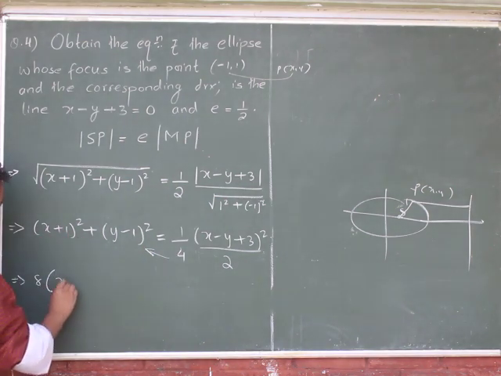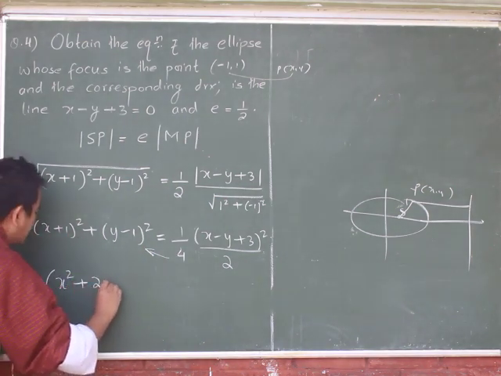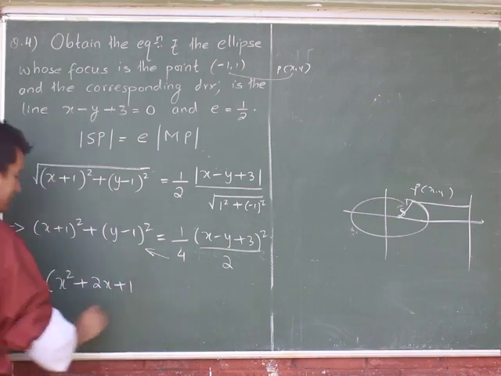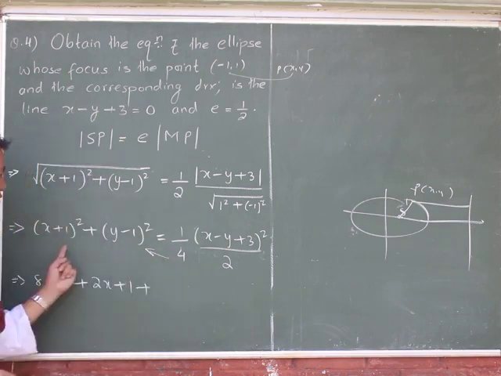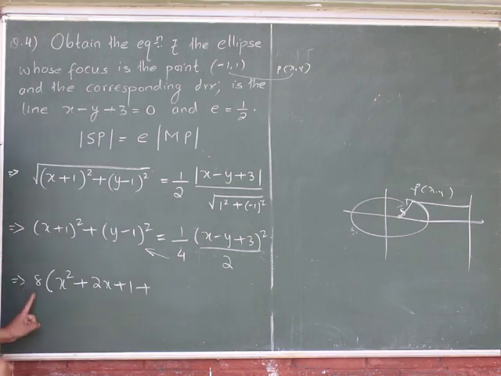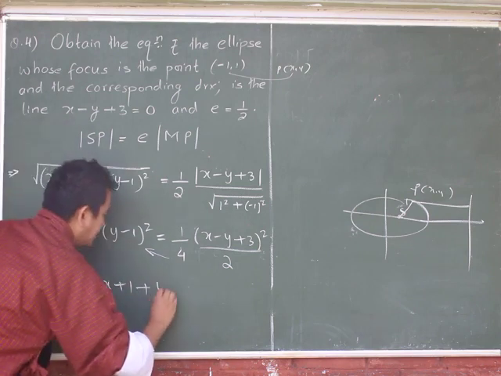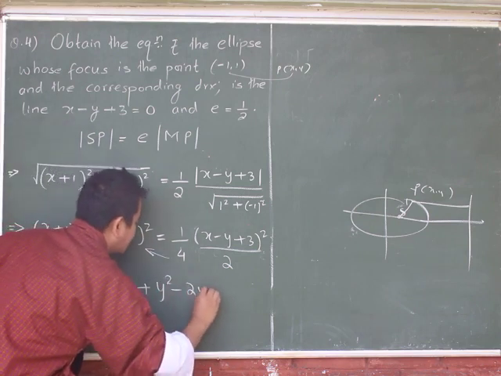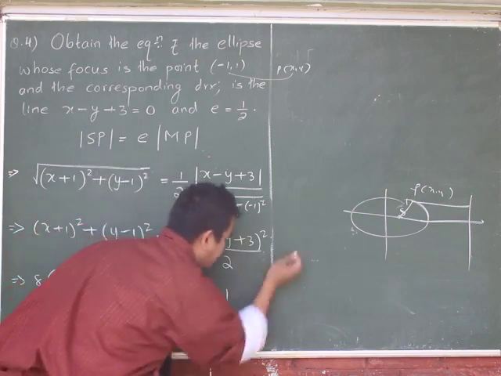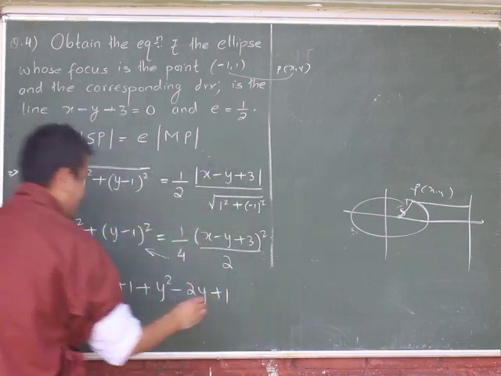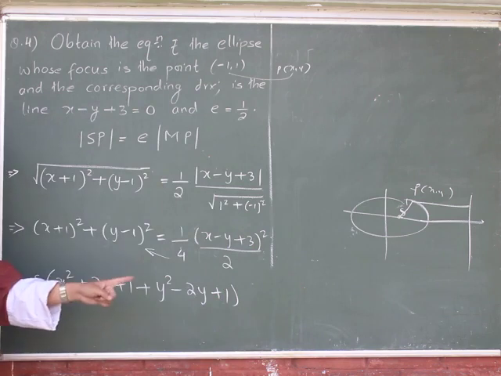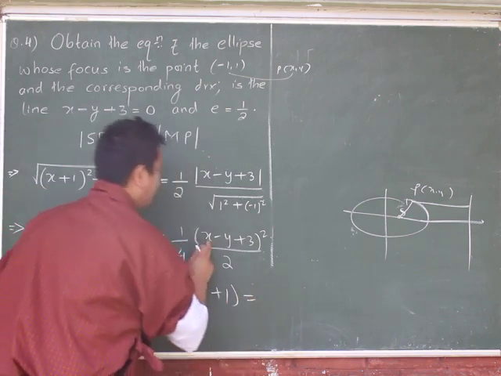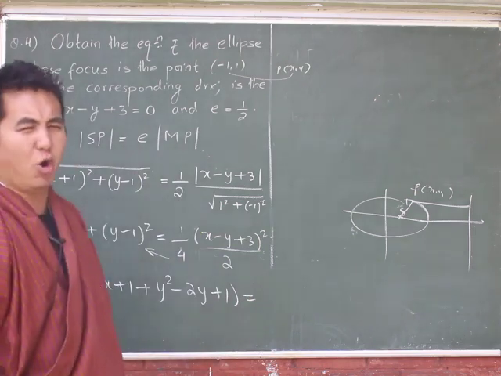That implies 8 times, please open the bracket: x square plus 2x plus 1, and please remember this 8 belongs to both of them, that's why I kept it outside. Expand it, y square minus 2y plus 1. Then close the bracket, make sure you close the bracket. It does not make sense if you don't close it. Is equal to, you know this is in the form of (a minus b plus c) whole square.